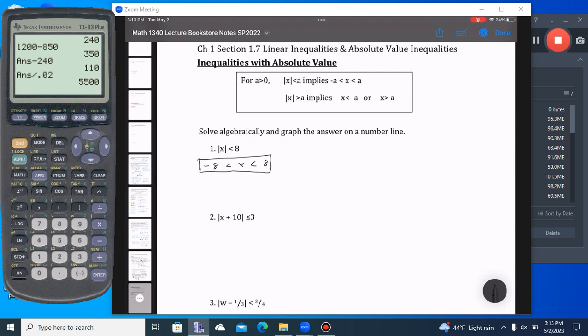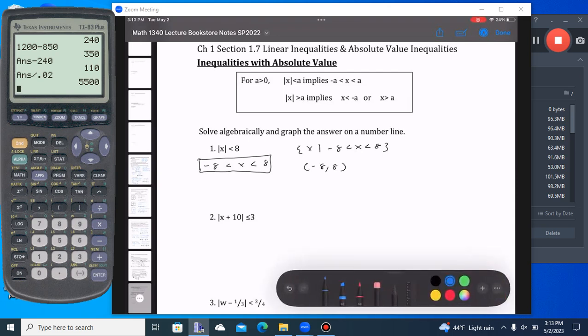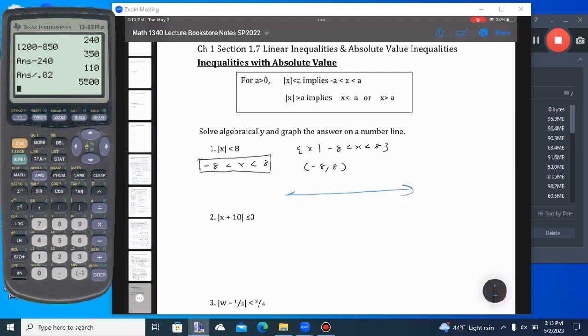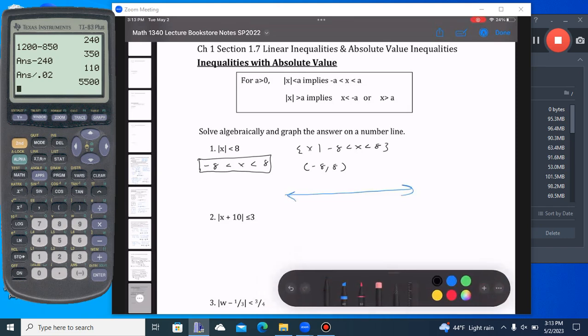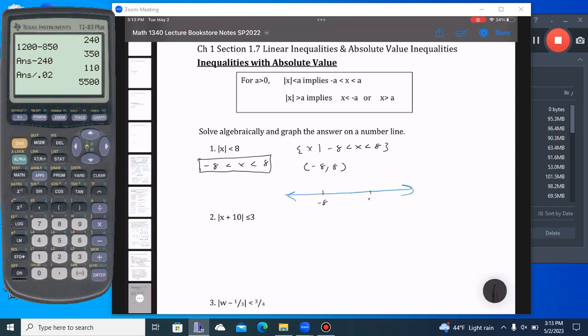So again, set notation, negative 8 less than x less than 8. Interval notation, parentheses negative 8 to 8. Then graphing negative 8 to 8. These are open circles, everything in between.